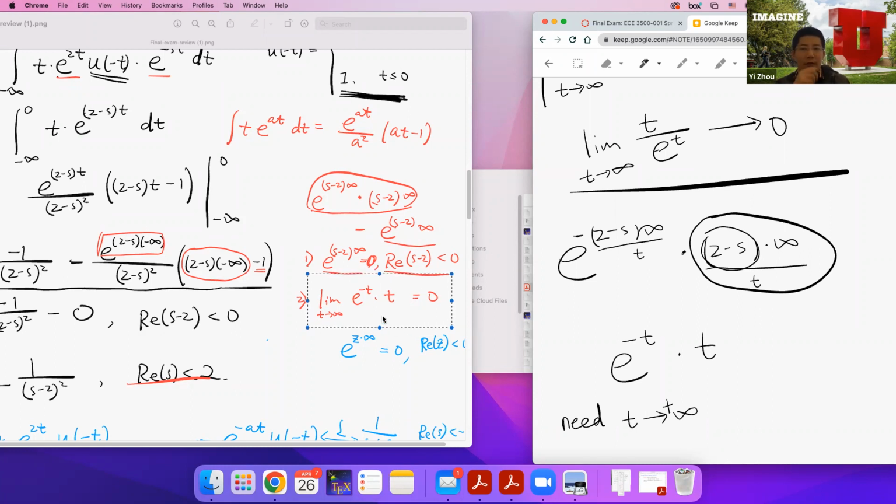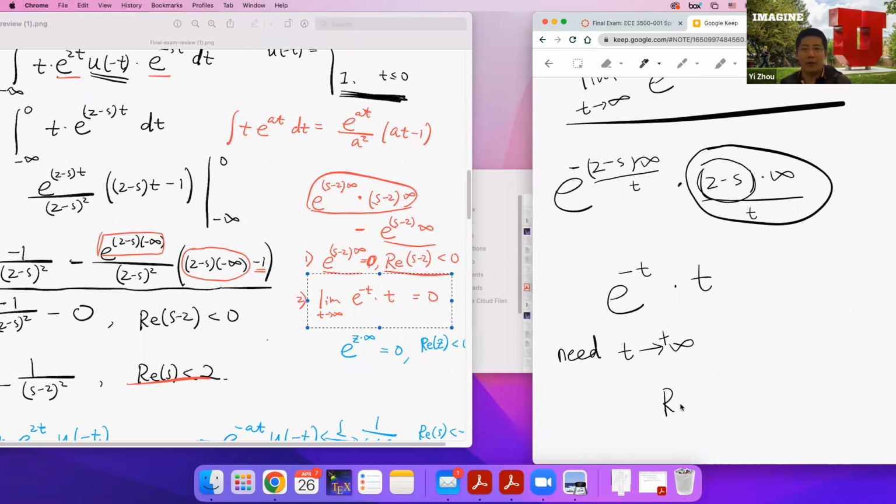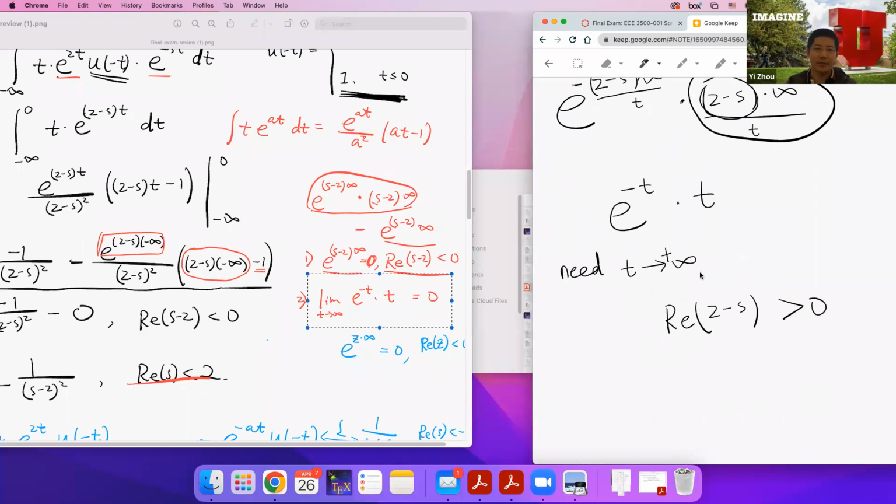So that gives us the real part of 2 minus s must be positive. This is the second condition. So we have two ROC conditions. One is from the first term, where we derive that the real part of s minus 2 must be negative, which means the real part of s must be less than 2.